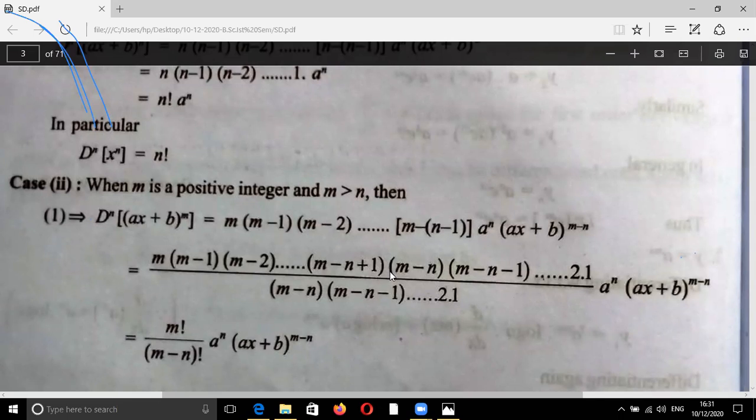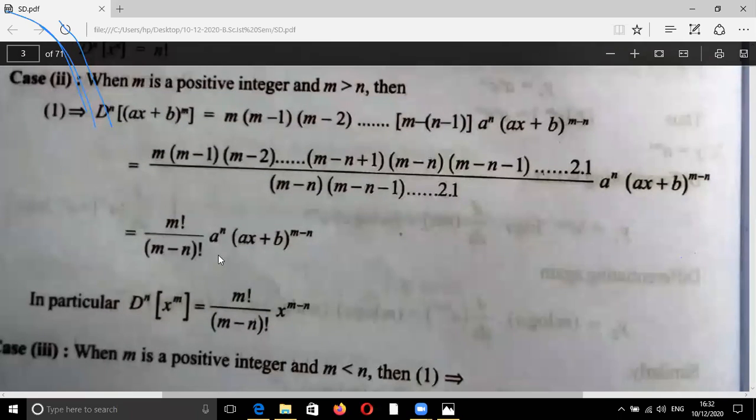But here you are writing this extra: m minus n into m minus n minus 1, so on to 2 into 1. Because you are writing extra, the same you have to write in the denominator, because if you cancel these two, you get the original one. Now the same you can write as the numerator m factorial and the denominator m minus n factorial, and the meaning is the same.